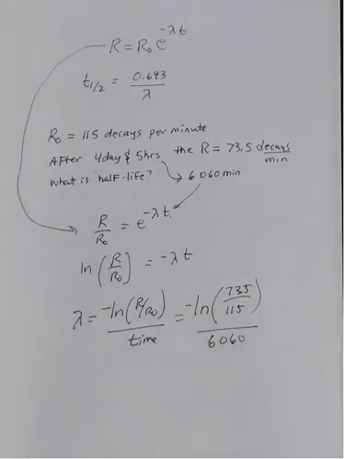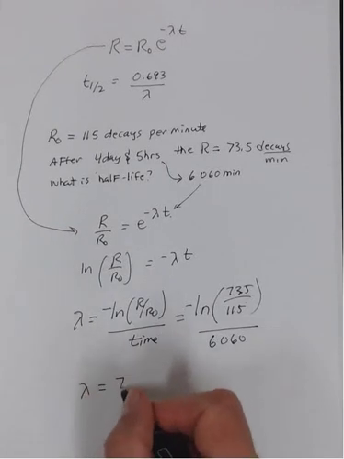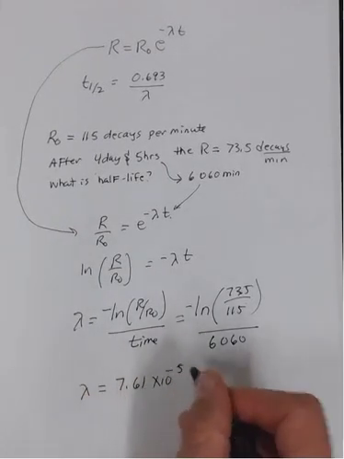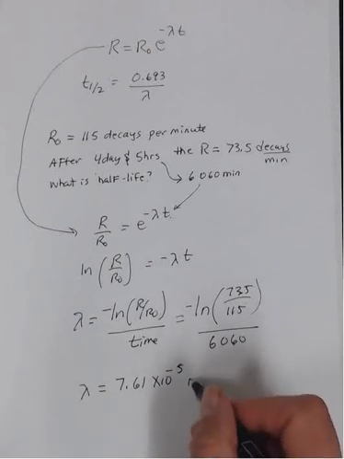And I end up with lambda, which is not very big: 7.61 times 10 to the negative 5 inverse minutes.